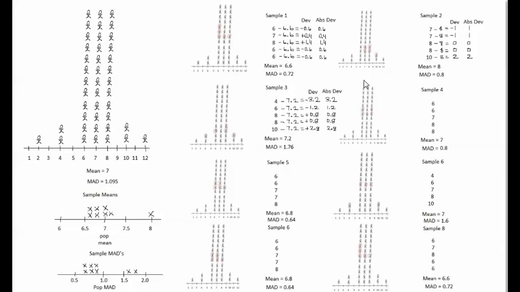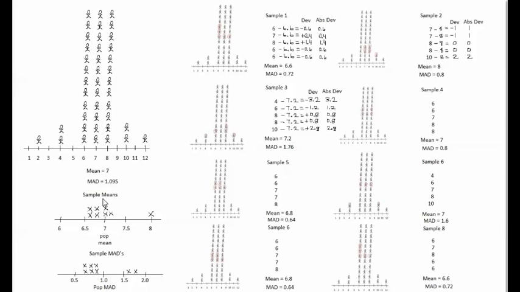We have 2 0.64s, which are right here. We have 2 0.72s, which are right here. And we have 2 0.8s, which are right here. These are the 6 samples that underestimated. These are the 2 samples that overestimated. This was the sample that had a mean absolute deviation of 1.6. That's 1.6. This right here is a sample that had a mean absolute deviation of 1.76.